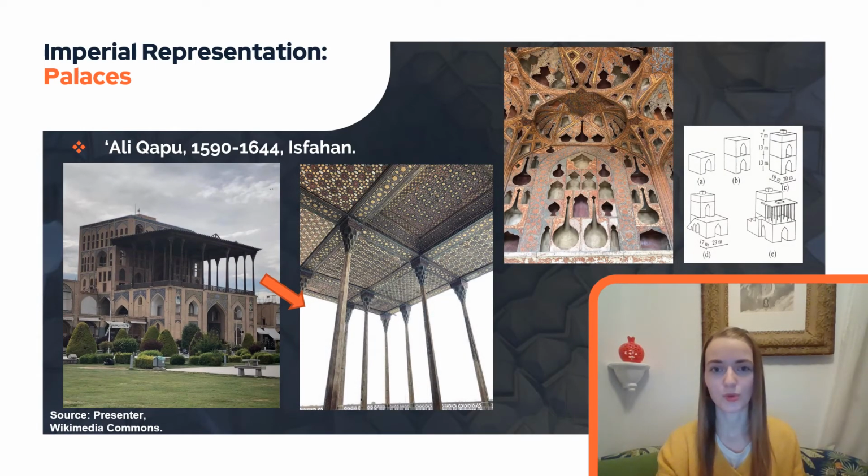The Ali Qapu, or Great Palace Gate, is an arched portico crowned by a flat-roofed balcony with wooden columns, called talar. The Shah and his entourage would watch the spectacles in the Maidan, or main square, like polo games or archery.